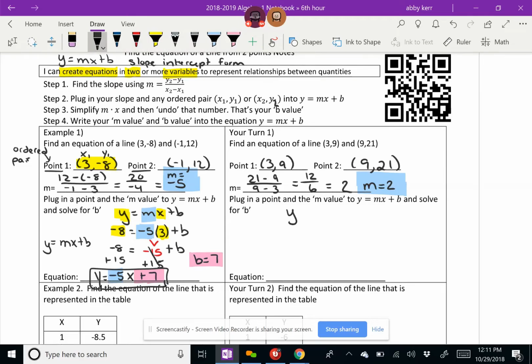Now once again, you're doing the same steps. You're going to get y equals mx plus b. Your m value you just found. And then you're going to get your y and your x with an ordered pair. Now, in example 1, I chose the first ordered pair. I'm going to choose 9 comma 21 to show you that you will get the same answer.